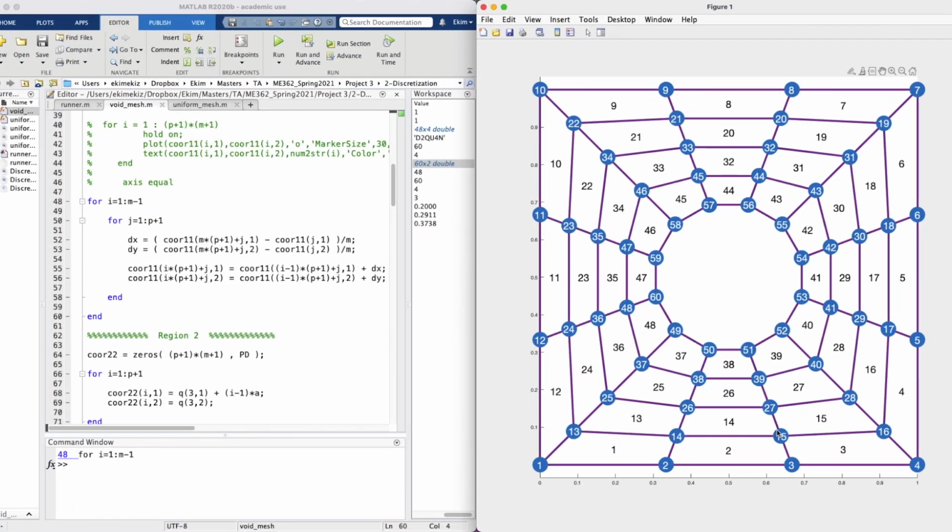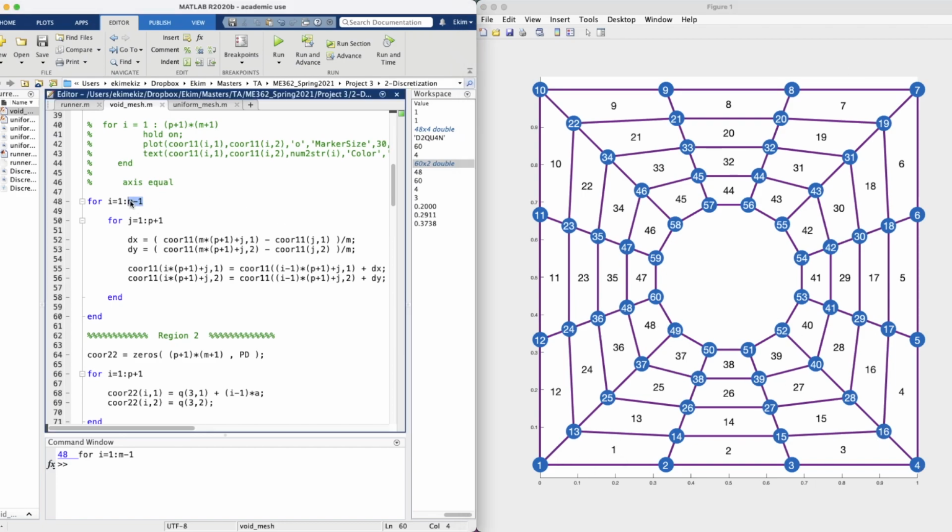So remember, we have m plus 1 rows of nodes, these are rows of nodes in my mind, so that's what I call rows. We have m plus 1 rows of nodes here. However, we have generated 2 of those. So if we subtract 2, we get m minus 1. And then we still have every column of nodes, so it's still p plus 1. So we have these two for loops.